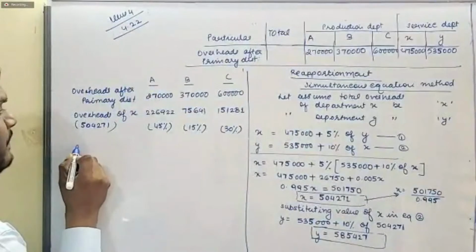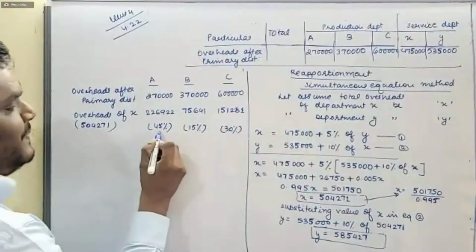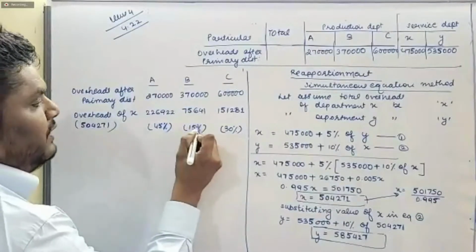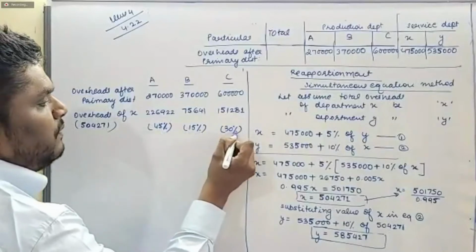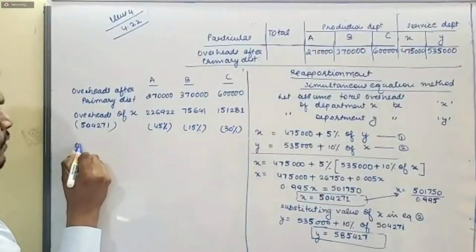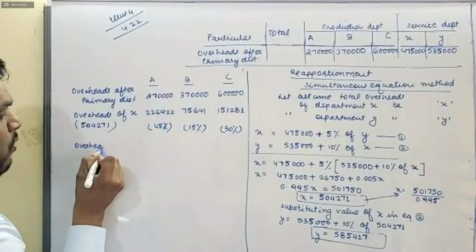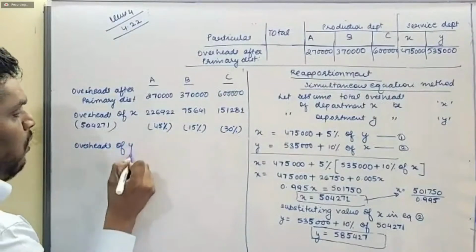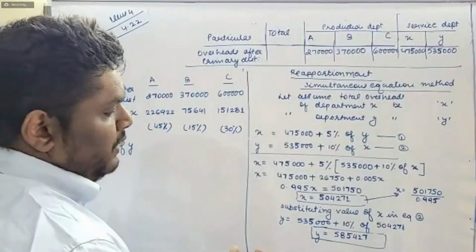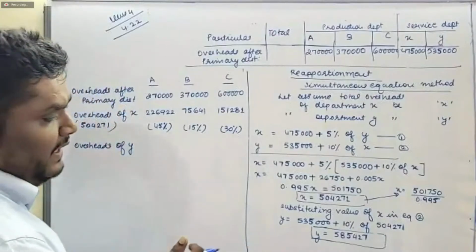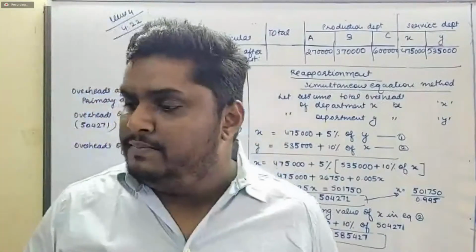Similarly, in case of Y, I have specifically mentioned the percentage, not the ratio. The total amount as calculated is 5,85,427.